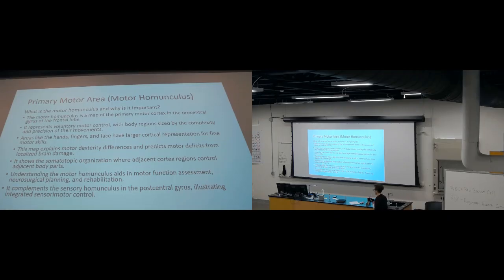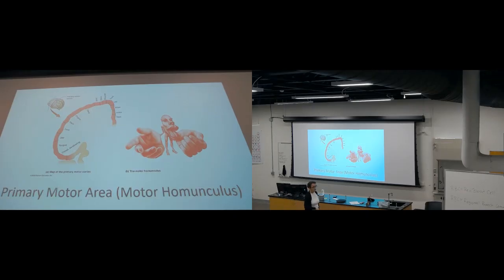But sometimes, within whatever number of neurons we have dedicated, we can actually increase the number of neurons dedicated to a particular function, especially for artists. If someone plays the piano, imagine how many neurons they're going to have for the muscles of the arm, forearm, and the fingers. So you can develop certain areas. And then, of course, something that you can expect is that in some cases, that's the homunculus for the primary motor area.